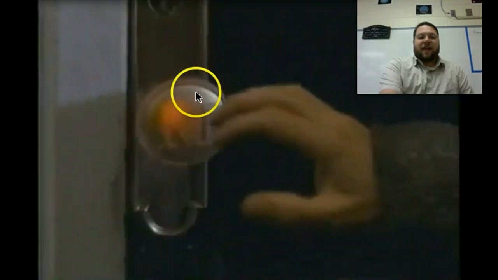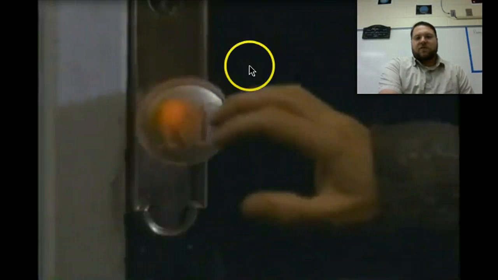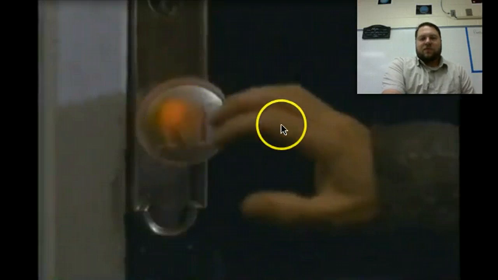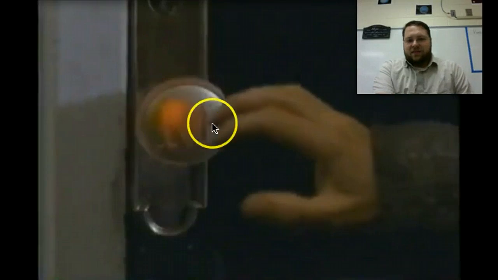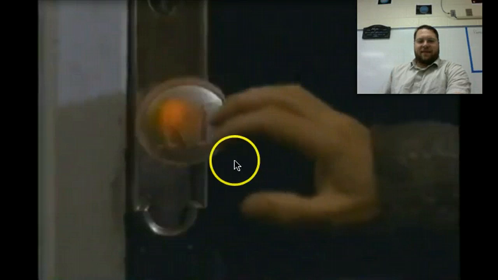And it happens that the energy transfers from the object with a higher temperature to the object with a lower temperature. So heat will flow from the doorknob to the hand, and that energy has to come from somewhere. It comes from the thermal energy stored in the doorknob, and heat flows from the doorknob to the hand, and then that energy is stored up as thermal energy in the hand.